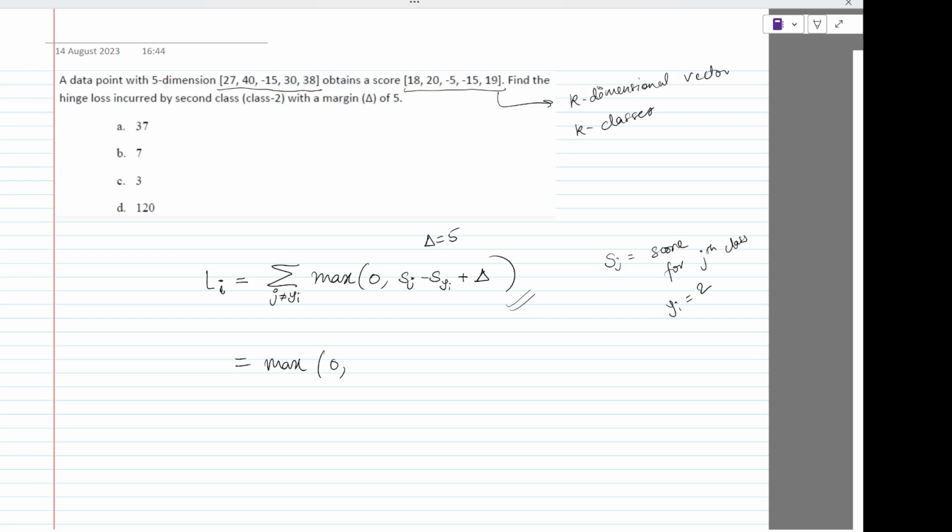S1 is 18, minus S2, which is 20, plus 5, plus max of, so we won't consider the second class, minus 5 minus 20 plus 5.